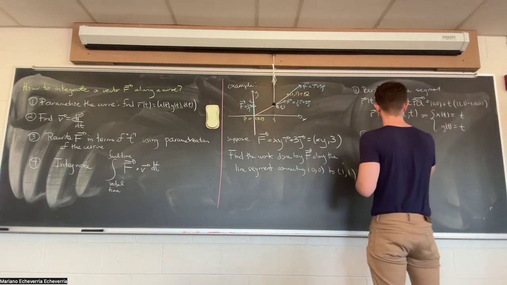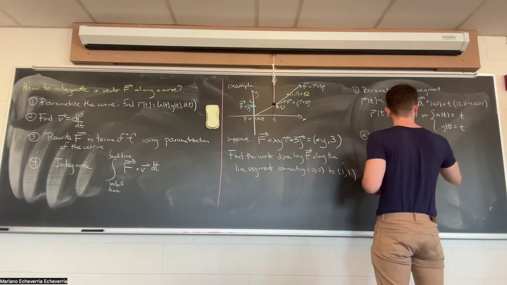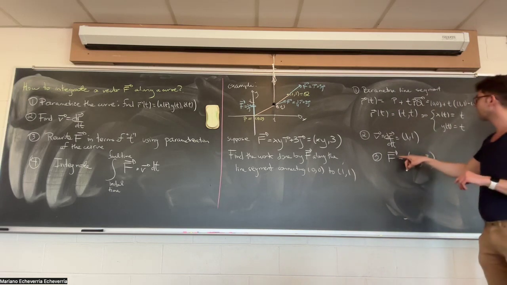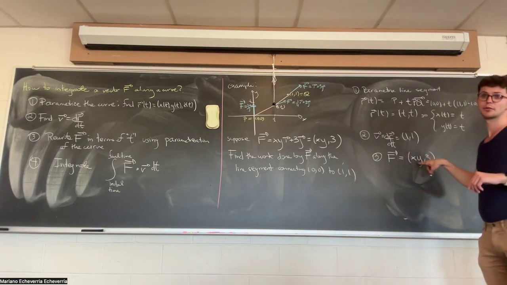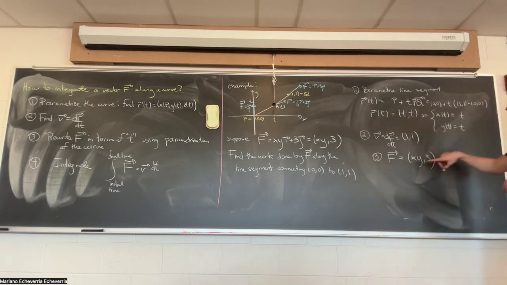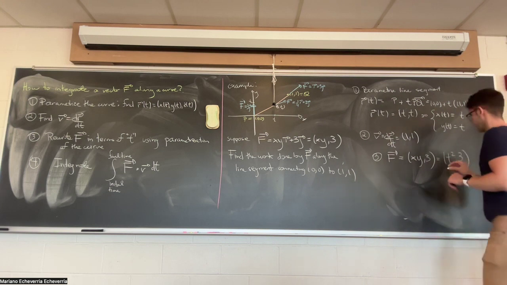Again, this is a formula for F at any point on the plane x comma y. Along the line segment, x happens to be t and y happens to be t. So along the line, you just get t squared comma 3.